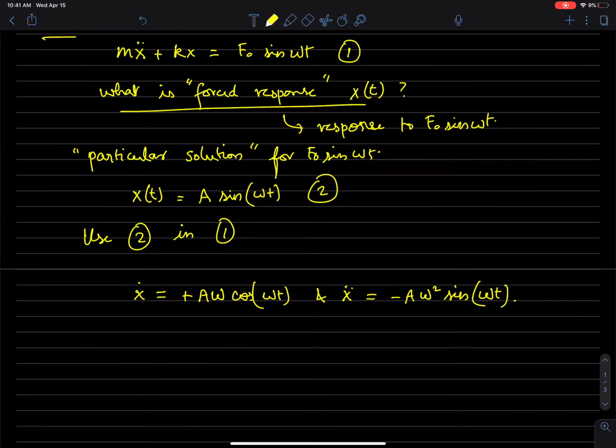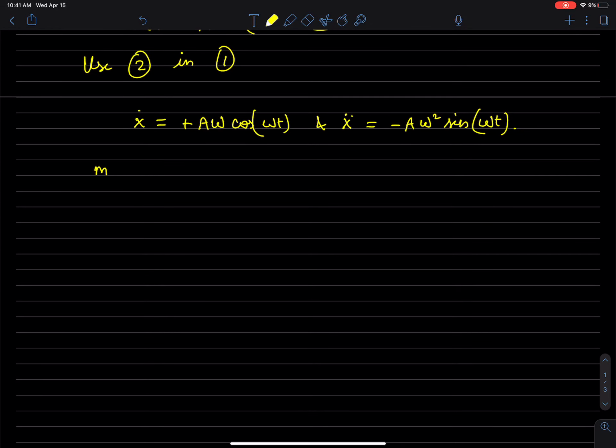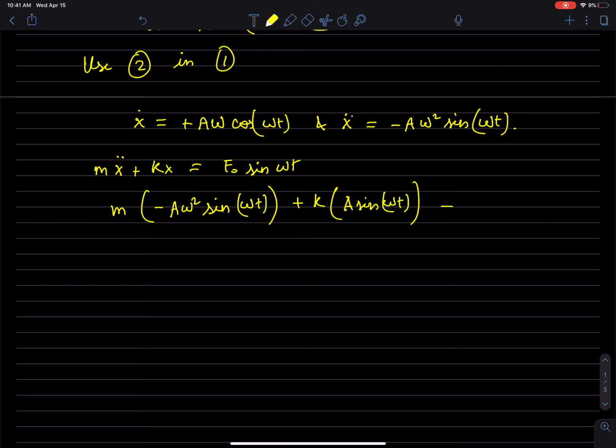We plug this into 1, so we have mx double dot plus kx equals f naught sine omega t, or m times minus a omega square sine omega t plus kx, where x is a sine omega t, equals f naught sine omega t, right?